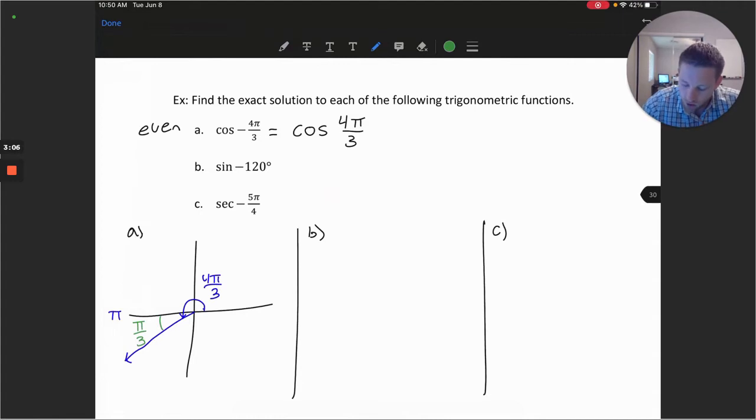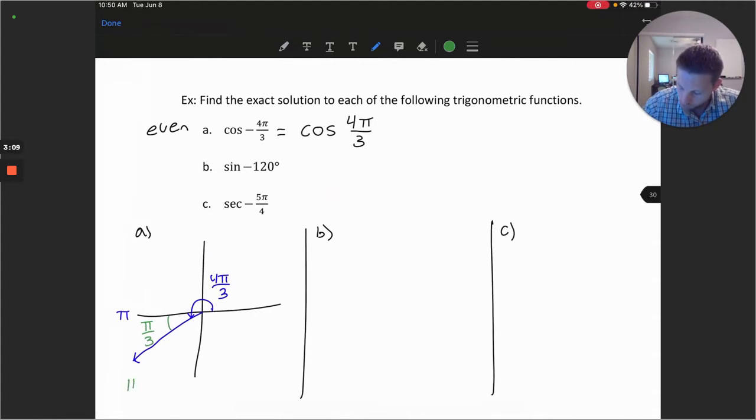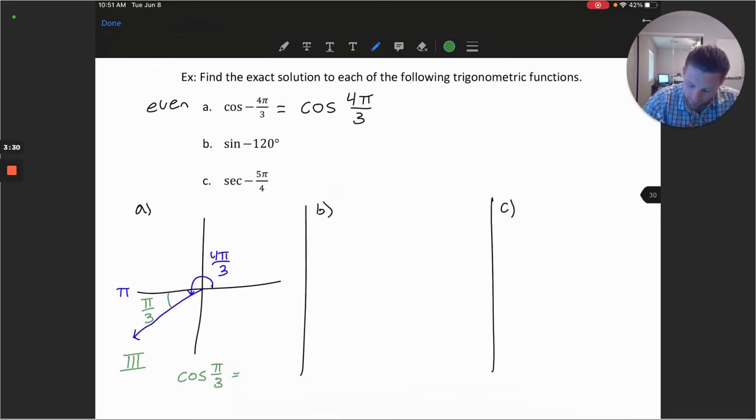So we notice we're in quadrant 3. Without using our unit circle, we can think about what our cosine for that angle will be. The cosine of 60 degrees, or cosine of pi over 3, is equal to 1/2. And since we're in the third quadrant, the cosine function is negative.